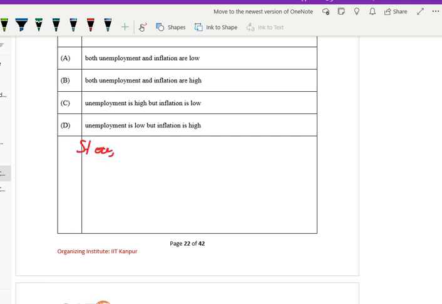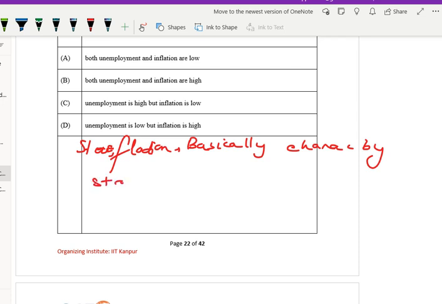Stagflation is basically characterized by stagnant economic growth, and this contradicts the typical economic relationship. So basically both unemployment and inflation are high.